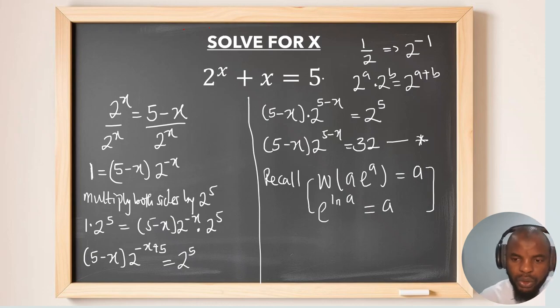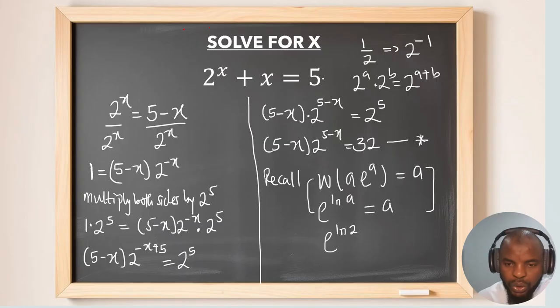Now, going back to my previous equation, let me call this equation star. Going back to my equation star, I can rewrite this equation star in the form of the Olympiad equation. And what am I going to do? Here, I'm having 2. So using this rule, that is, when I have e exponent ln 2, this is still going to be the same thing as 2. So I'm going to rewrite my 2 in this form.